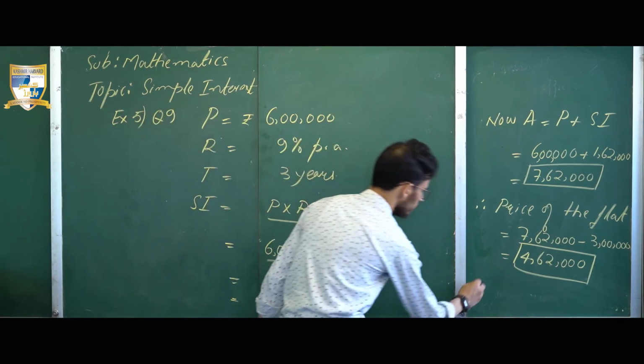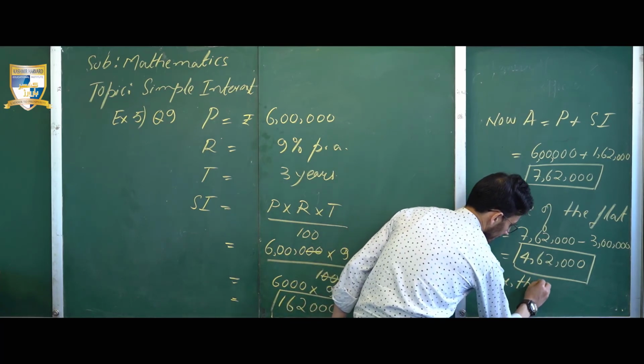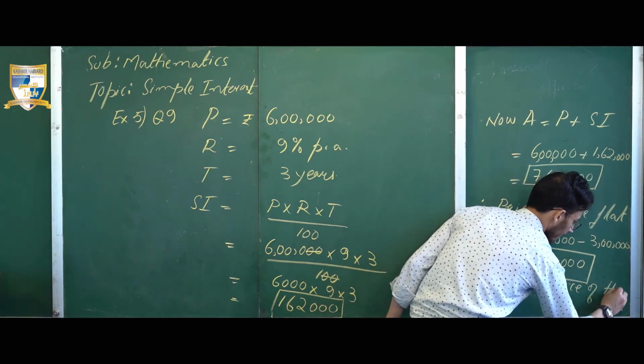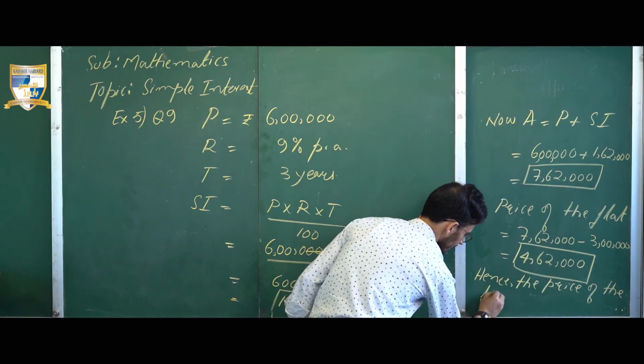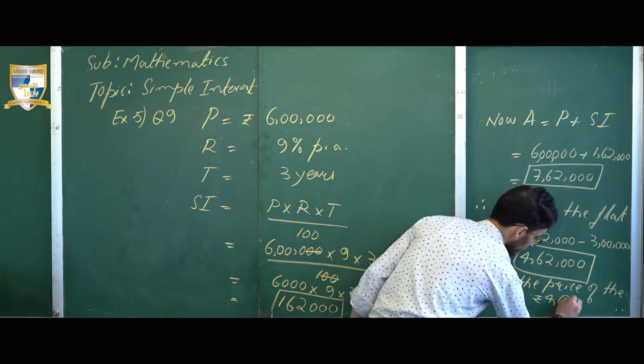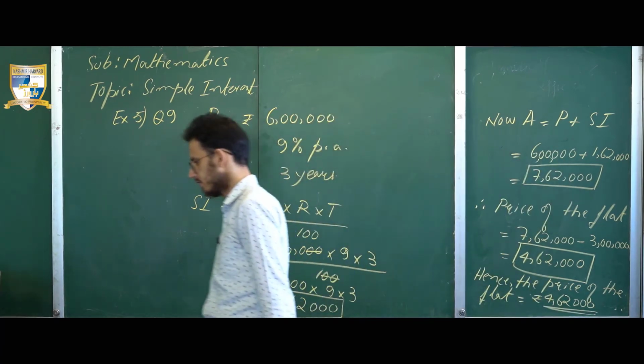So hence the price of the flat is equivalent to rupees 4,62,000. And this is the answer of this question.